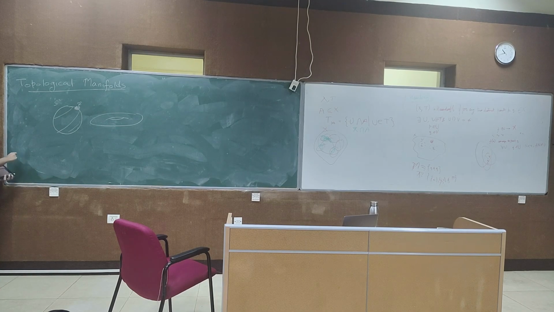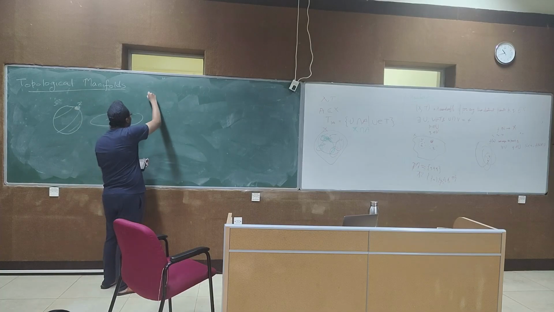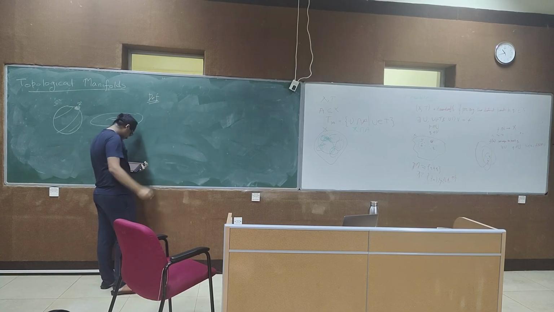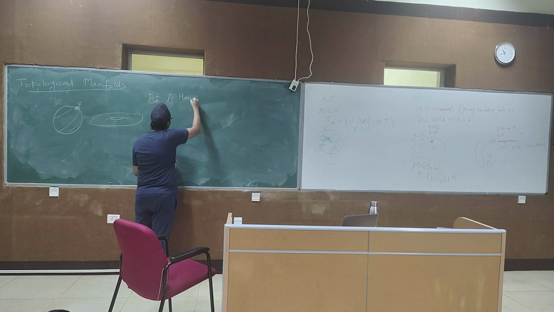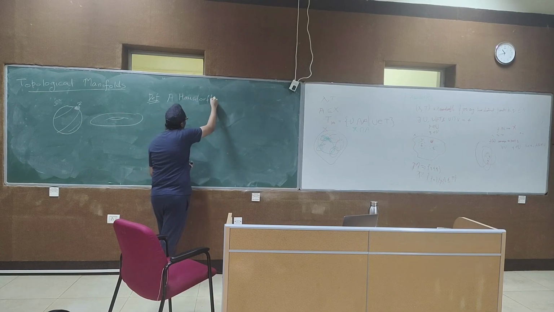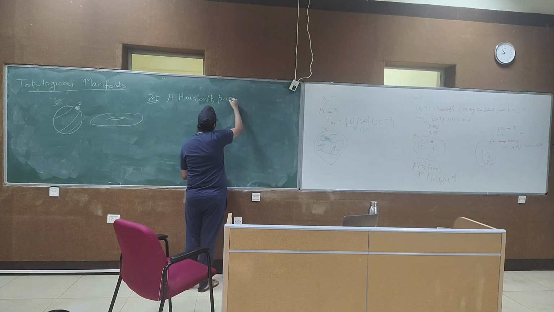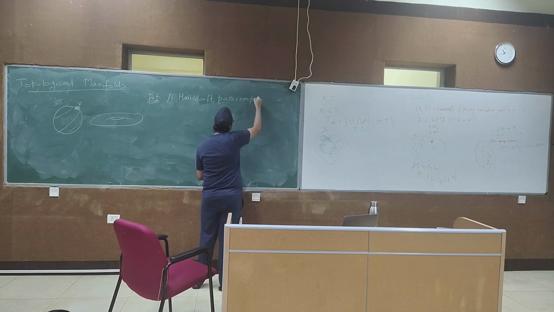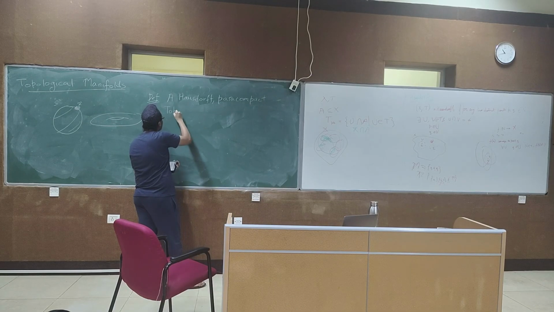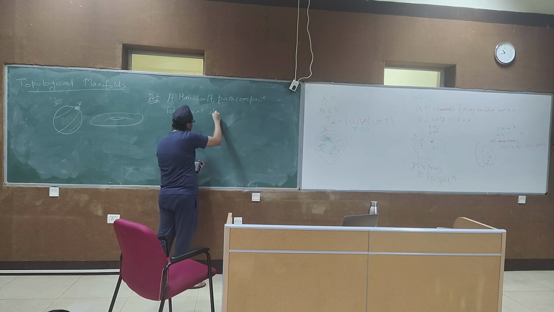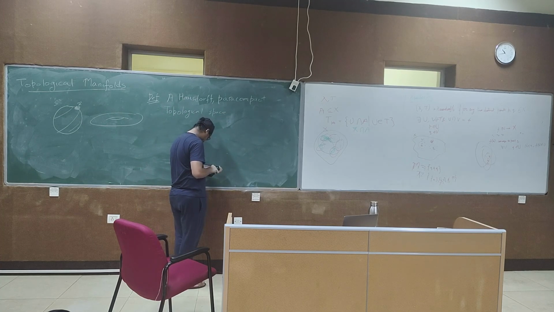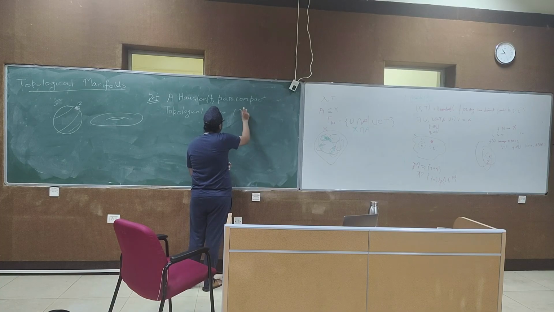So, definition. A Hausdorff, paracompact topological space X, I will write it now as M, comma, the topology is denoted by O here.